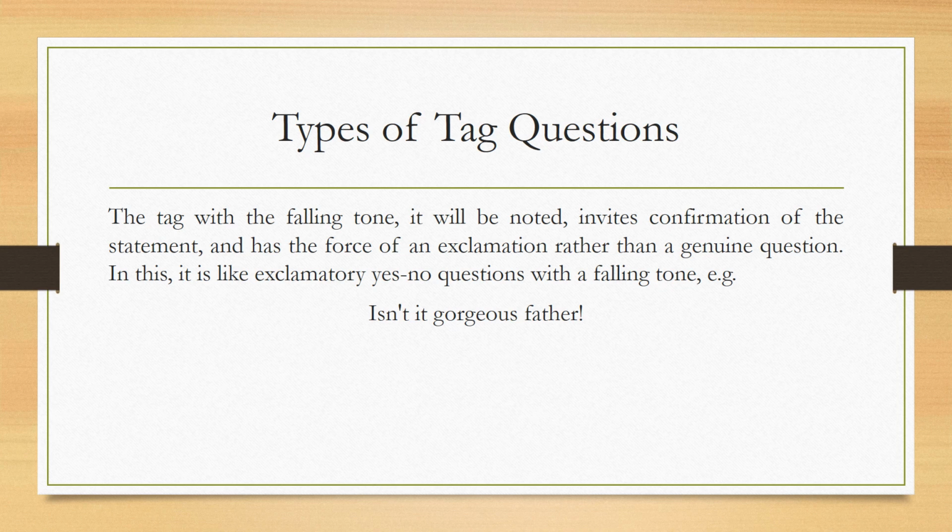Here we are not asking a real question, but we are making exclamation, we are showing astonishment, we are showing surprise. For example, isn't it gorgeous, father? Isn't it gorgeous, father? Here I am not asking for an answer by yes or no concerning this father, okay? But I am showing my astonishment. I am surprised of how gorgeous this father is, okay?